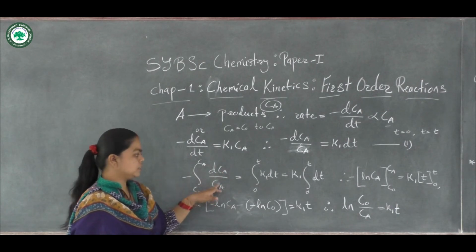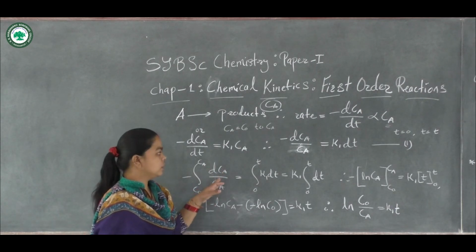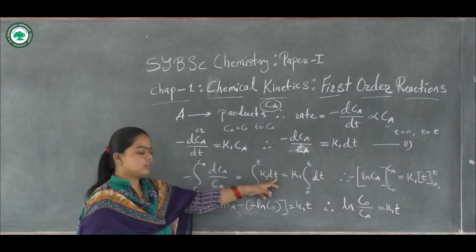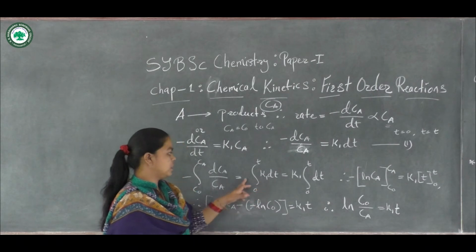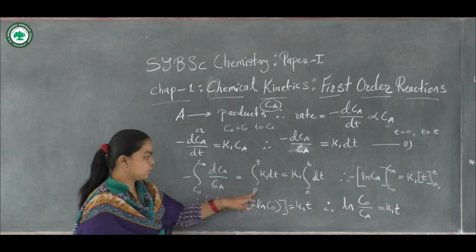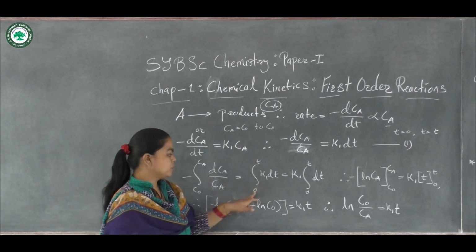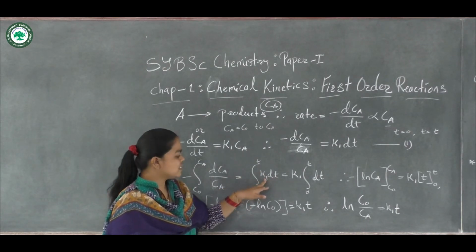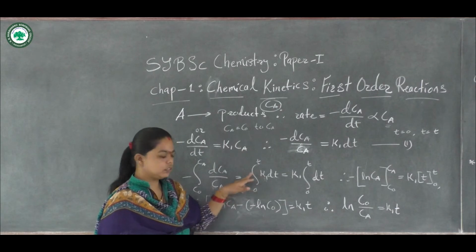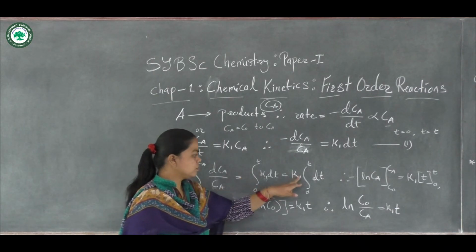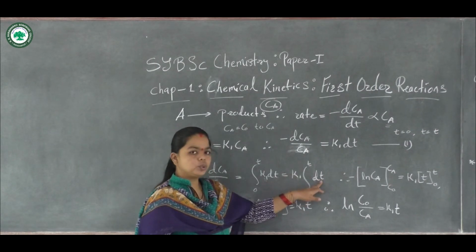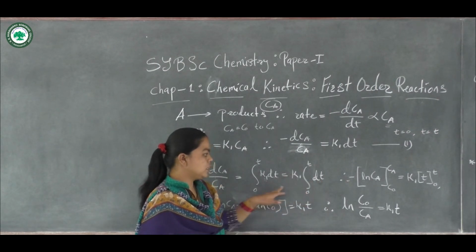Here Ca is the same quantity, which we have taken on one side, and dt is the other quantity we have taken on the right hand side. Again integrating over time t from 0 to t, we get K1 dt. As K1 is constant, it comes out of the integration. So we are getting K1 integral from 0 to t of dt. So this is the integration.